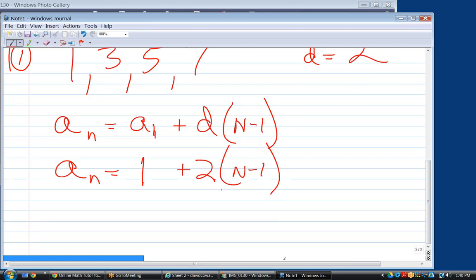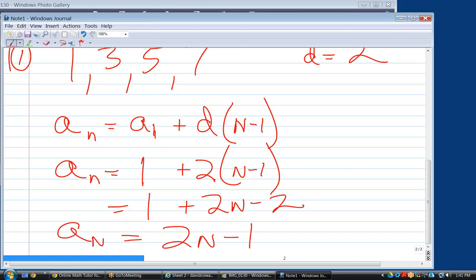This rule right here, I can reduce a little bit. In other words, I can simplify it by getting rid of the parentheses. So I would say the specific rule for this sequence that I've written here, 1, 3, 5, 7, is equal to 2 times n minus 1.